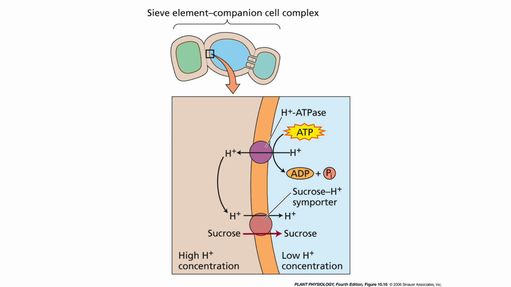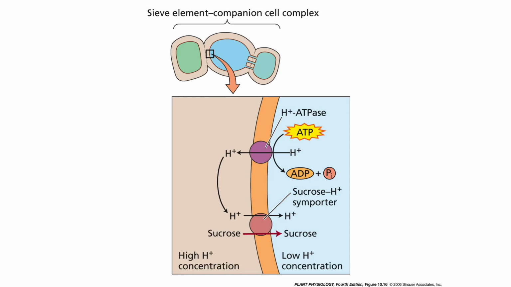So we see in this slide that sieve element companion cell complex where there are no plasmodesmatal connections between the parenchyma cell or bundle sheath and the companion cell. And so in this plasma membrane of the companion cell, we have a mechanism for active transport of the sugars into the companion cell. And this is key to driving transport by mass flow through the plant cells in this kind of apoplastic loading mechanism.